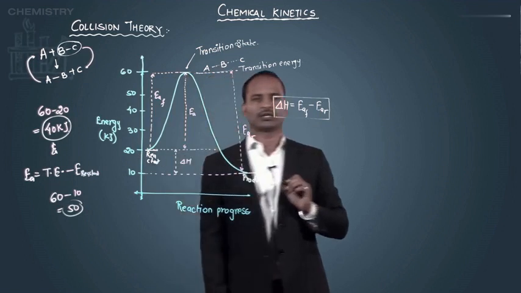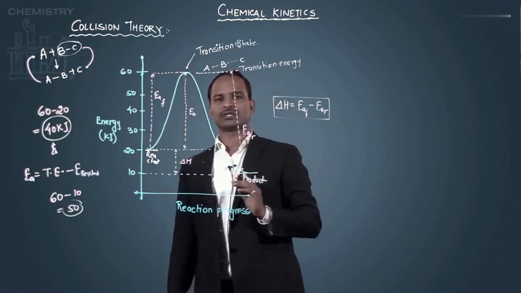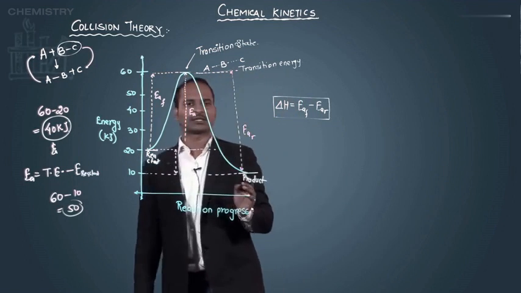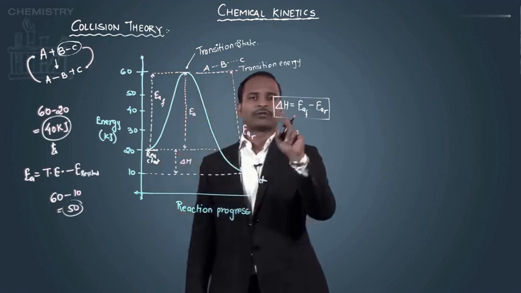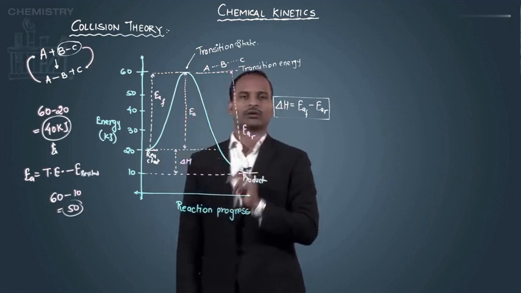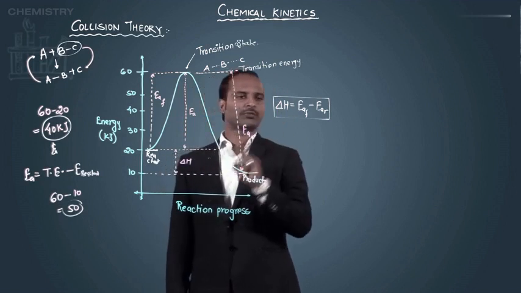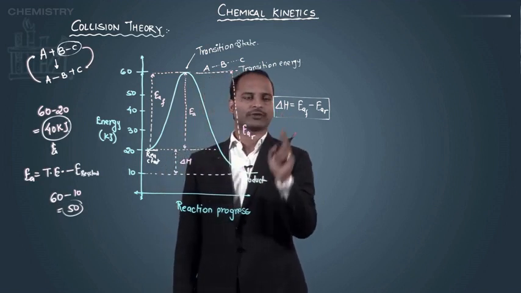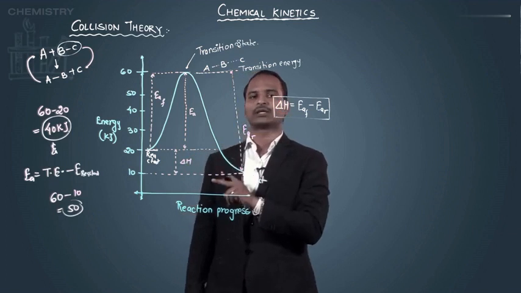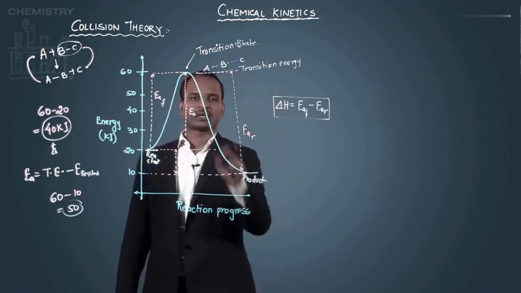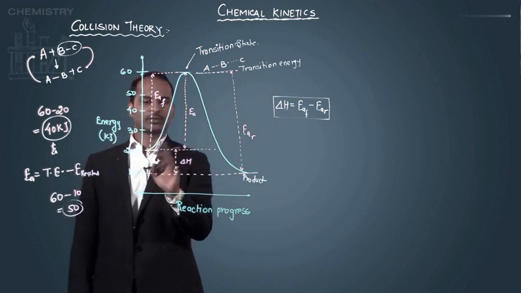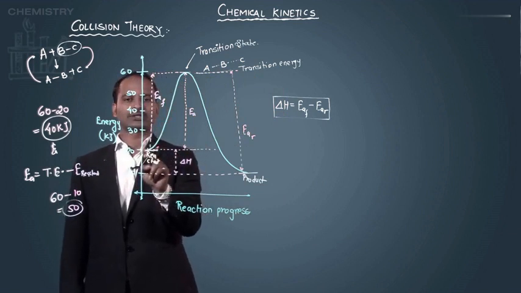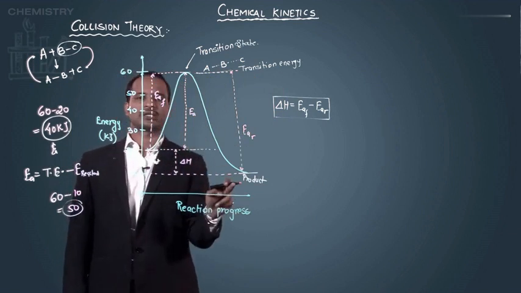Whether the forward reaction activation energy will be high or the reverse reaction activation energy will be high totally depends upon whether the reaction is exothermic or endothermic. If the reaction is exothermic, delta H will be negative, and if it is endothermic, delta H will be positive. Currently in this reaction, is it exo or endo? Simply I will say the product energy is 20, the reactant energy is 10.